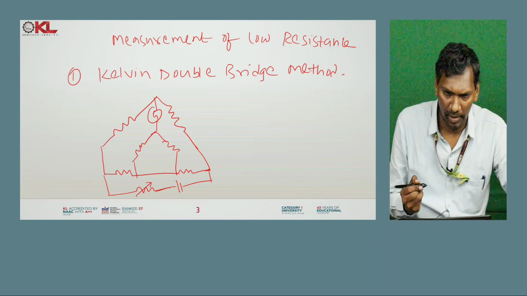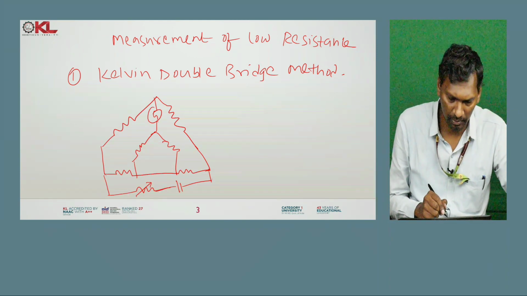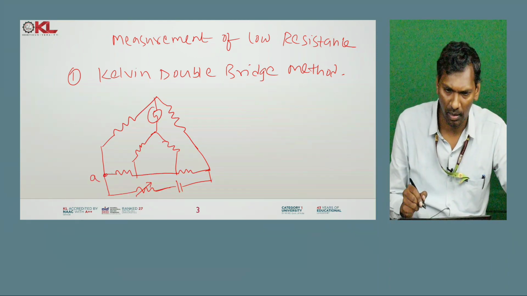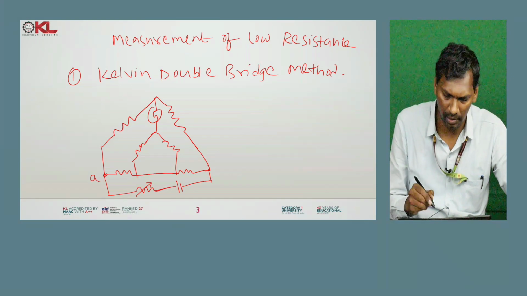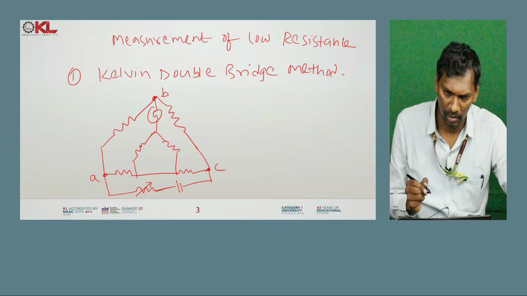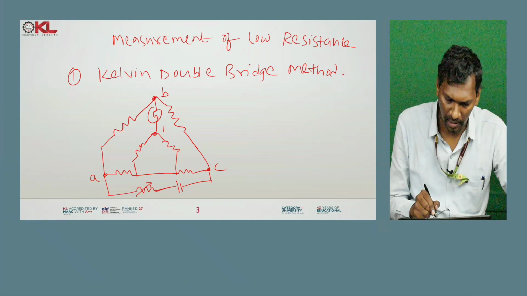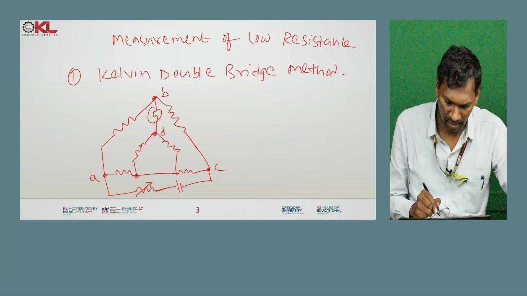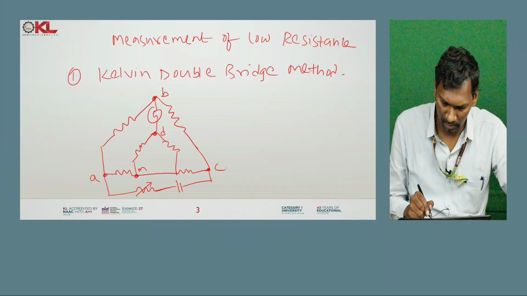Let us consider the points. This one is point A, this is the B point, this is the point C, this is the point D, this is the point M, and this is the point N.